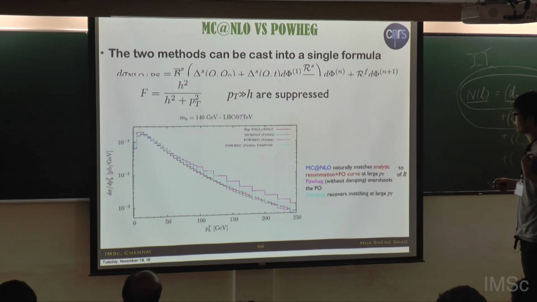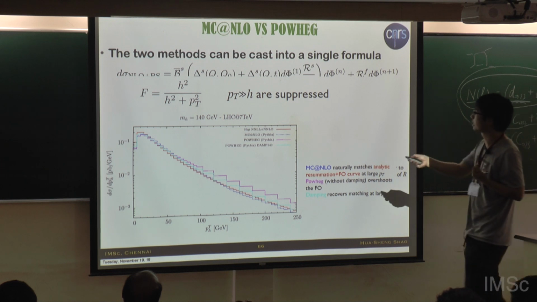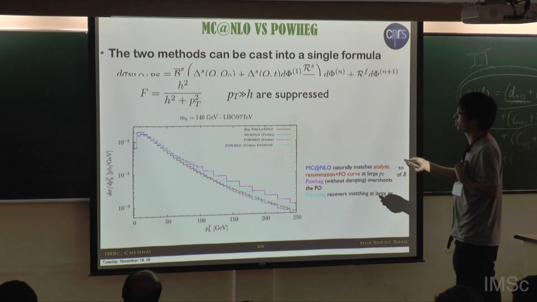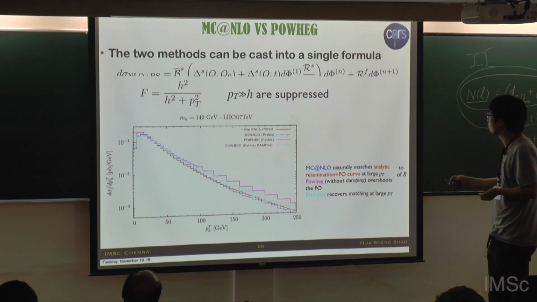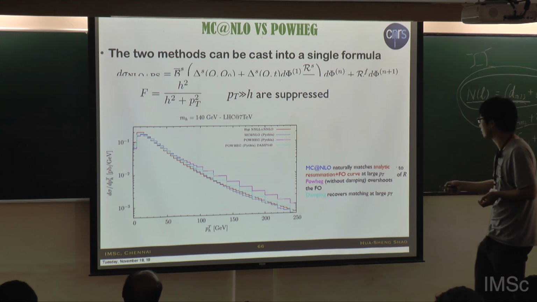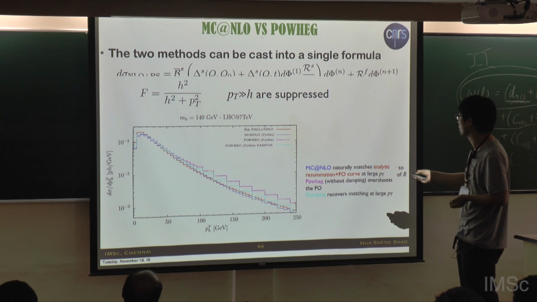Here's an example, in fact. One can take h squared over h squared plus pT squared. Then you can see the pT of Higgs production.